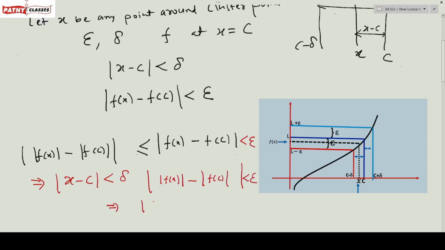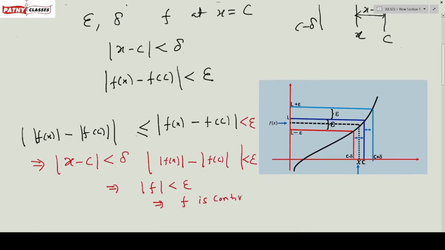This implies that modulus of f is continuous. Then modulus of f is also continuous at x equals c. Hence we proved the theorem.